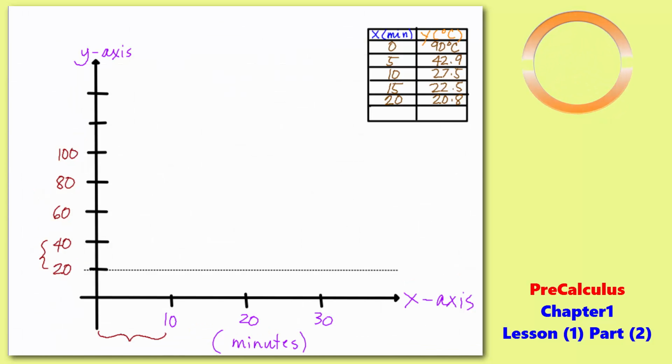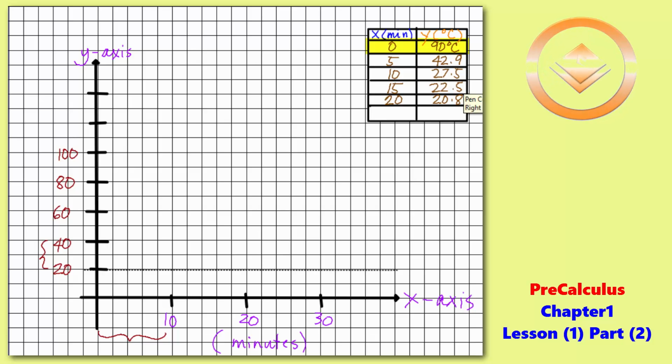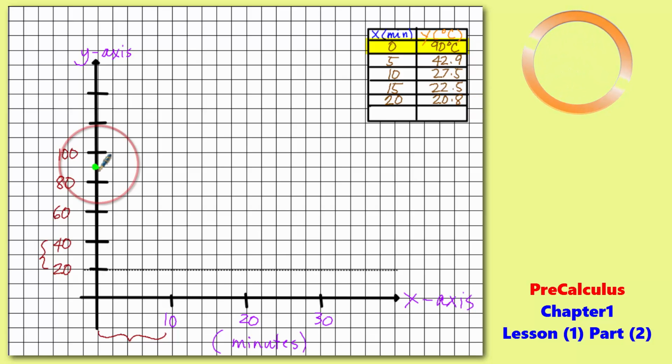Now let's go to the graph. Okay, we will need the grids. At 0 minutes, we will have a value of 90 degrees Celsius. So it's somewhere here.